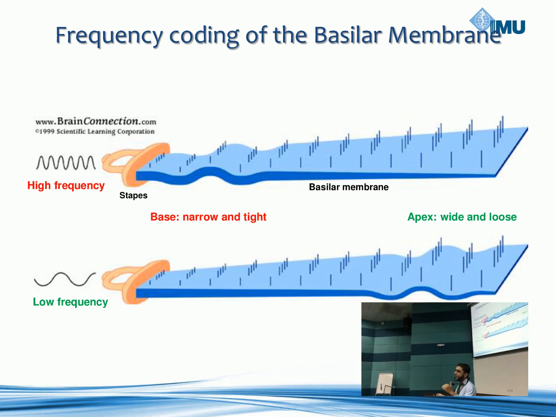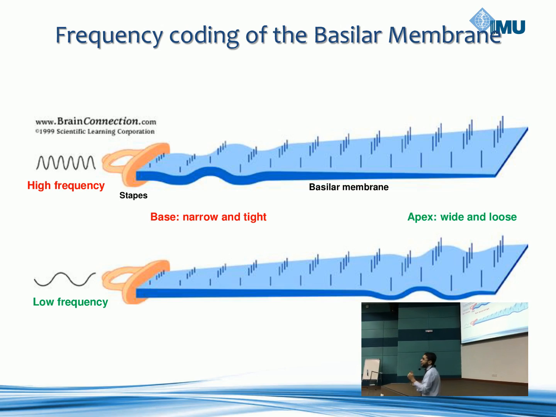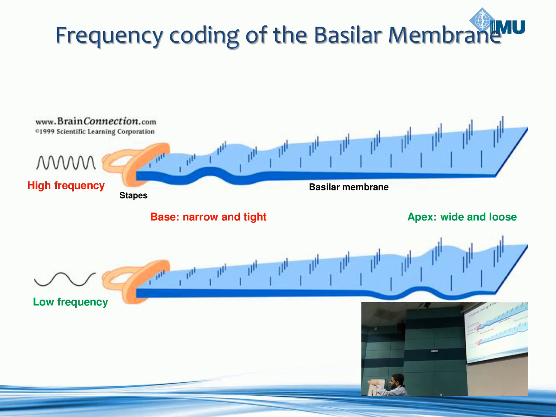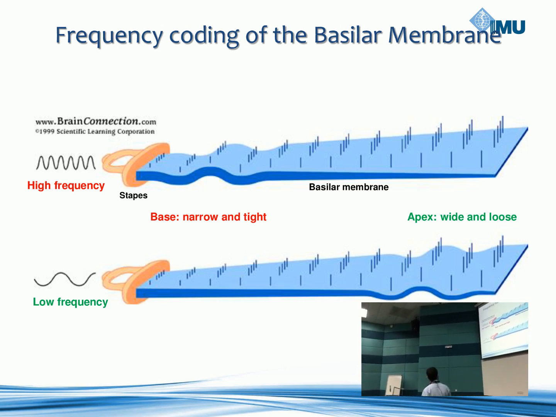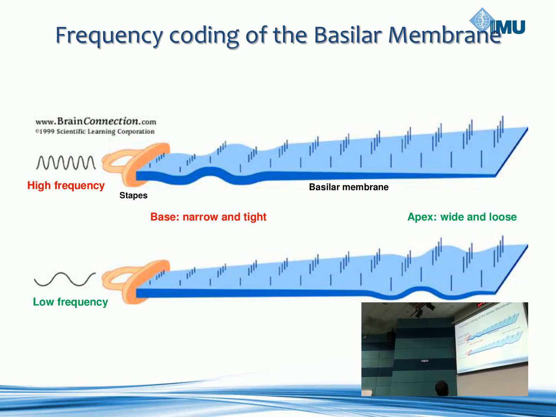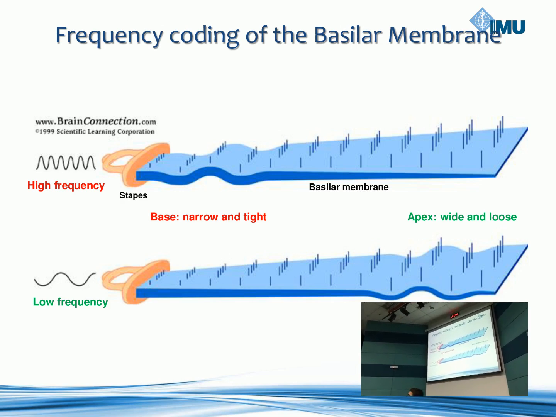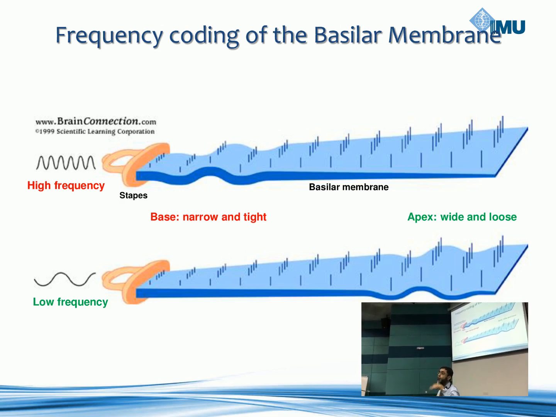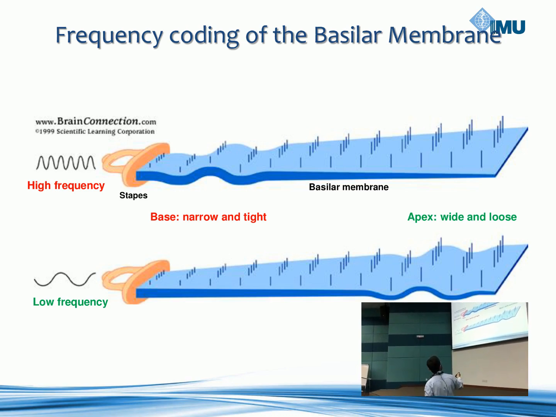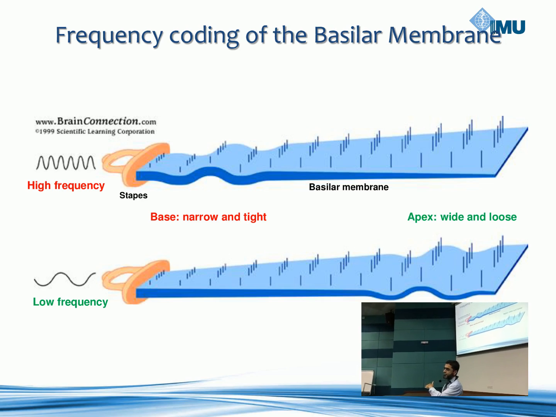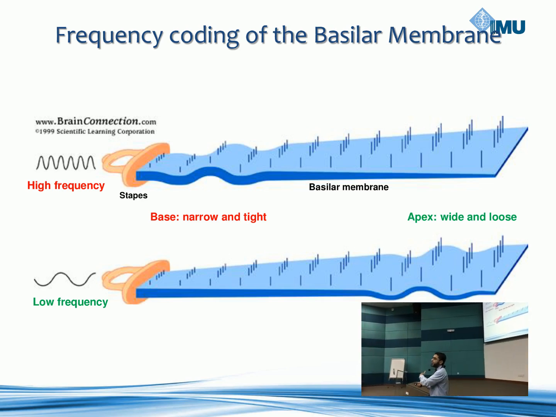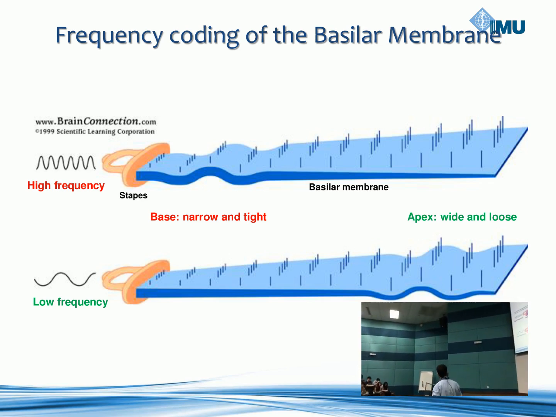So when the sound waves enter the cochlea and the movement of fluid occurs, for high frequency sounds, the base of the basilar membrane will vibrate, and for low frequency sounds, it will be towards the apex. Okay? Is it clear? All right.